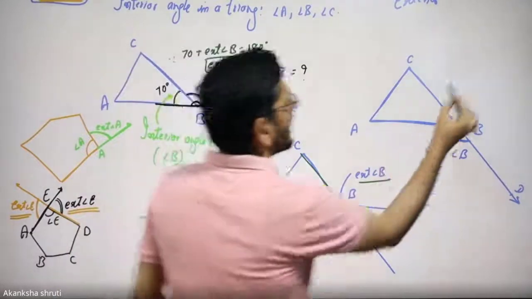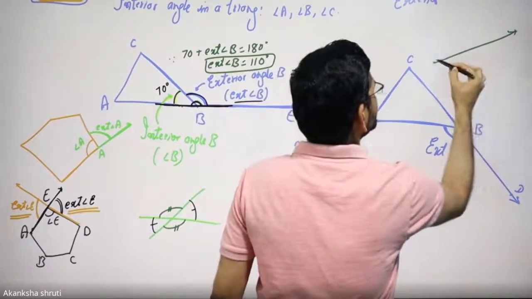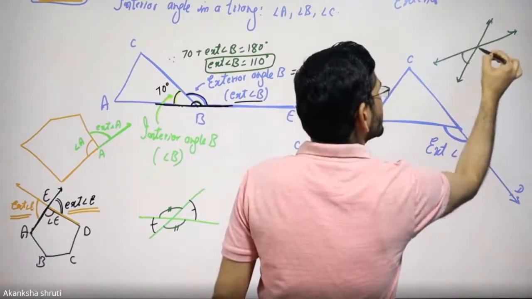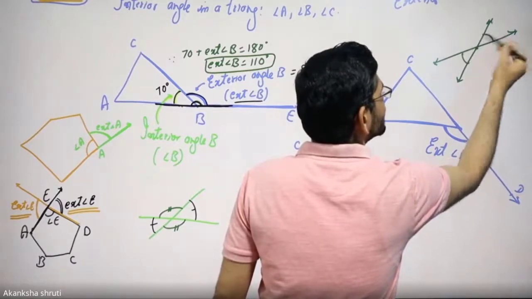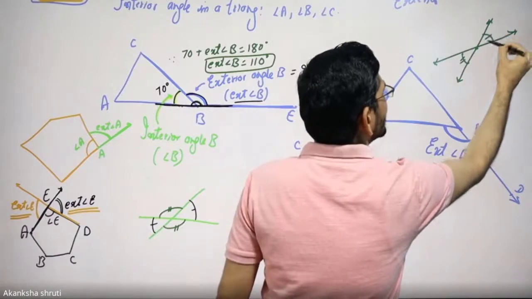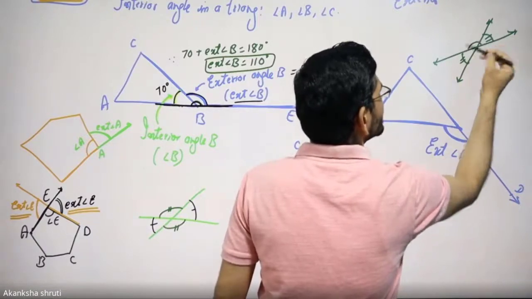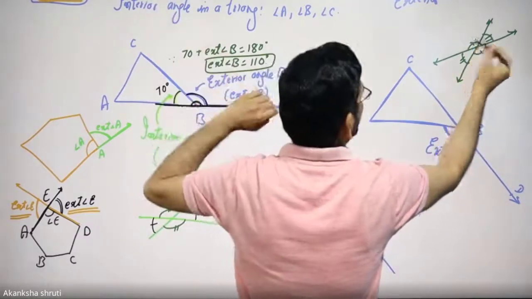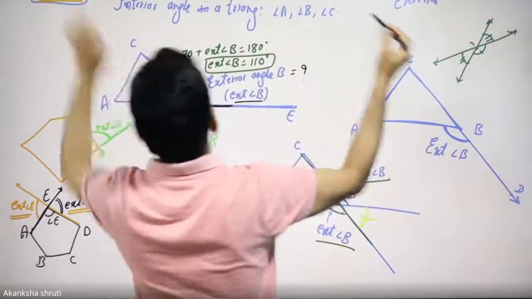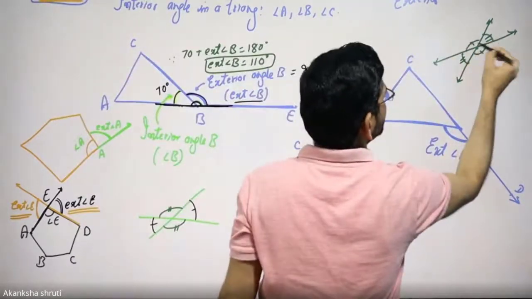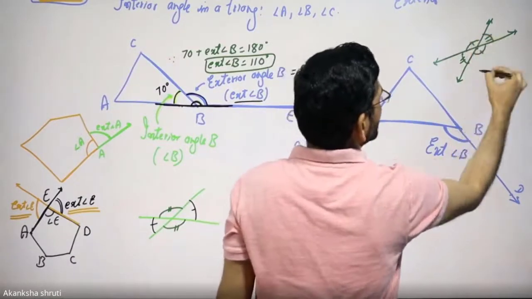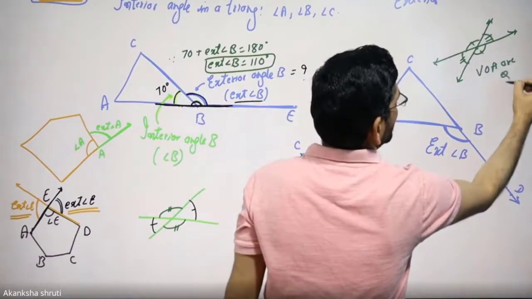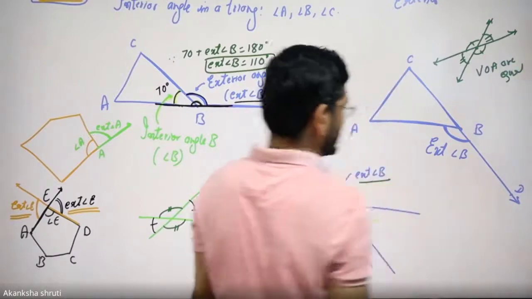We have learned that if I have one line as this one and another line as this one, then these two angles, which have a common vertex and are on opposite sides, are equal. Another this and this one, these two angles are also equal. So, students, these are called vertically opposite angles, and they are equal. This we even learned in class 6.